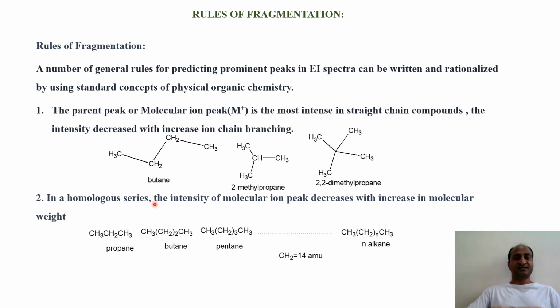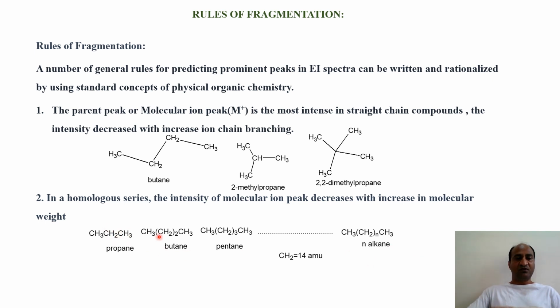Now moving to the second rule of fragmentation. As we increase the molecular weight in the homologous series, the intensity of the molecular ion peak decreases. Here you can see we have the structures of propane, butane, pentane, and n-alkane.